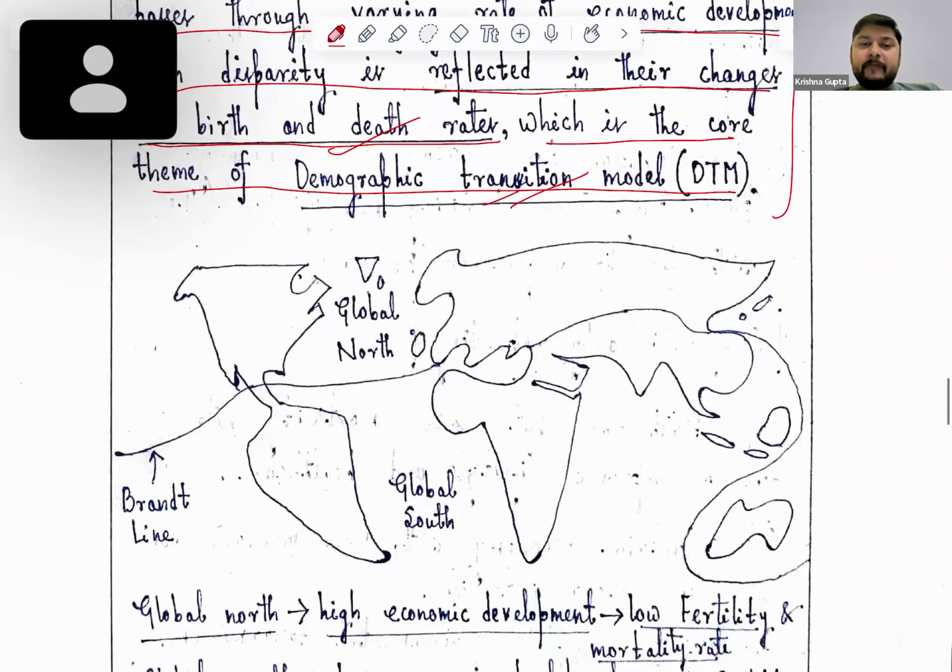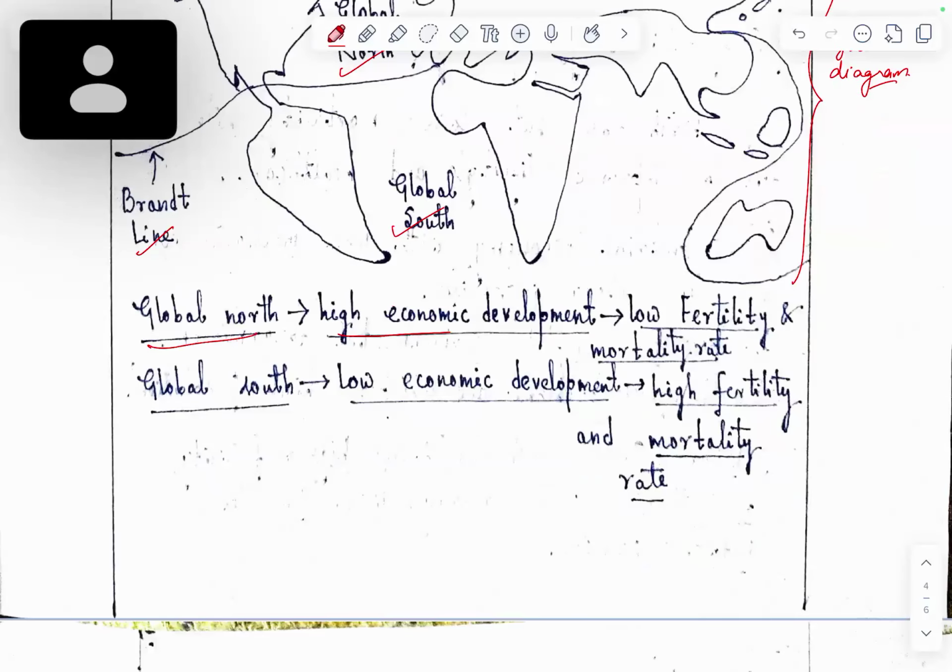Then here we have a diagram with global north and global south. Okay, this is the Brandt line. This is a very good diagram. Okay, so global north: high economic development, low fertility, mortality rate is also low.